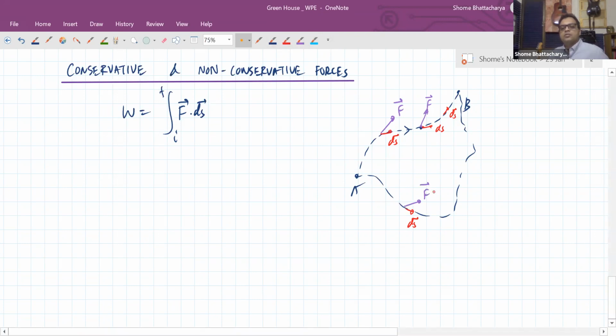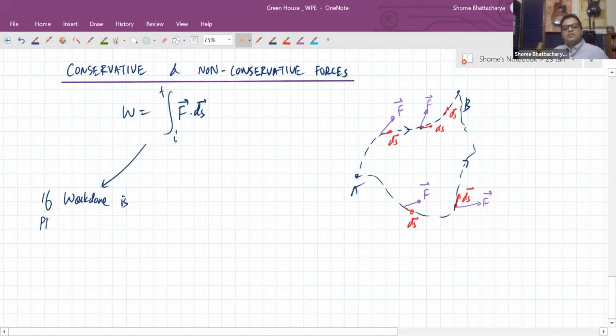So if I take a body or a particle by two different paths while that force is acting on it, if the work done is the same every time, no matter what path I take between A and B, then we call it a conservative force. Whereas if the work done depends on which path I've taken, then it is a non-conservative force.